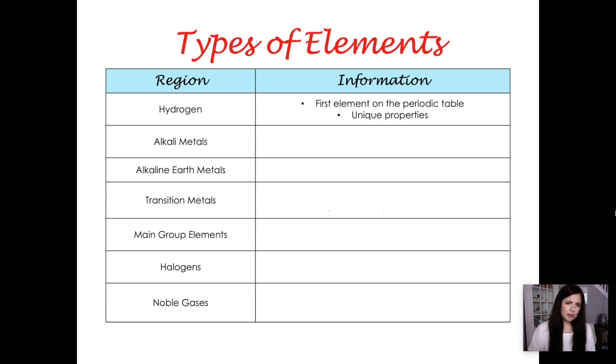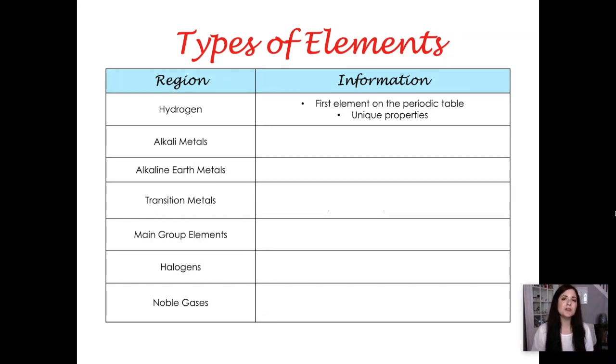Hydrogen, of course, is unlike any other element. It's the first element on the periodic table, has 1 valence electron, 1 electron, period. And because it's so small and because it only has that 1 electron, it has properties that are unlike any other element on the periodic table, which I always thought was kind of crazy.